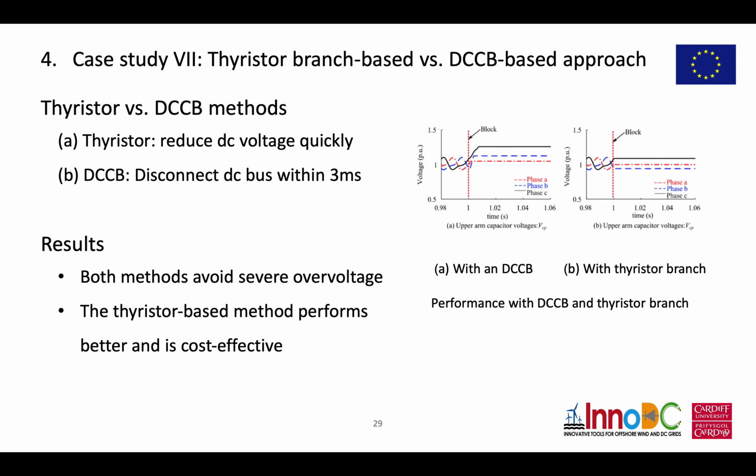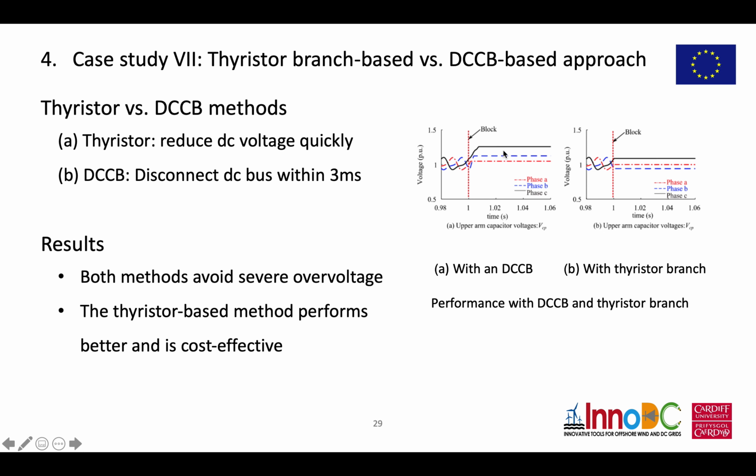In order to show the advantages of the proposed methods, we also do some comparisons with other possible solutions. The first one is the DCCB-based approach. We install DC side circuit breakers to protect against the valve side fault, trying to make the MMC converters avoid being overcharged.